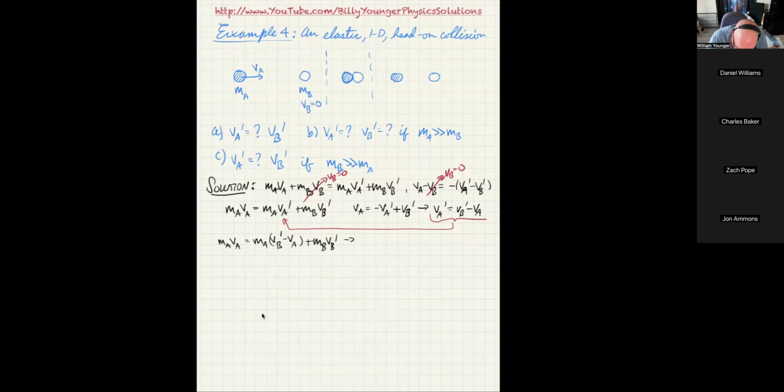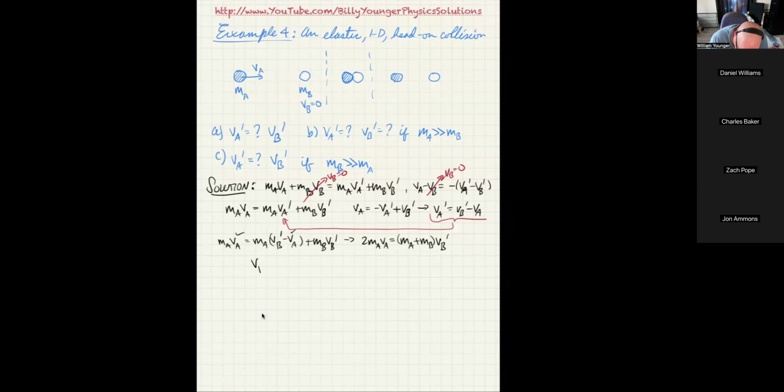I've got a negative MAVA on the right, so that's going to make 2MAVA on the left. That takes care of this one and this one. And then I've got MAVB prime, so I shouldn't put a plus there, I should put an equals. So this is going to be MA plus MB times VB prime.